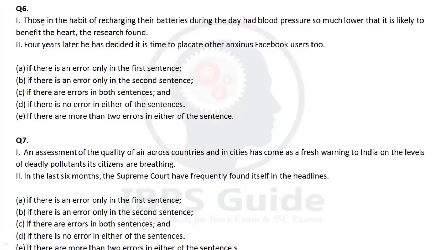Why? Because those in the habit of recharging, look, "those" is there, that's why it will be there. Batteries during the day had blood pressure so much lower that it is likely to benefit the heart, the research found. So had is past tense, research found is past tense. So the sequence of tense is correct, and the format of the verb is also correct. So first sentence there will be no error.